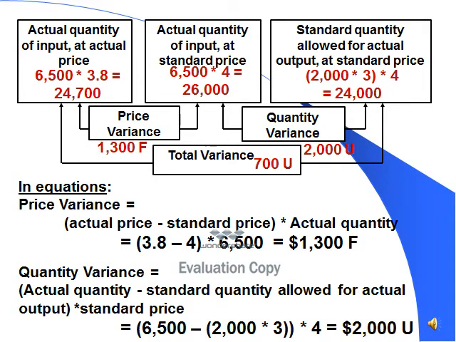Actual quantity 6,500 kilogram minus standard quantity allowed for actual output, 2,000 times standard quantity 3, which is 6,000. So 6,500 minus 6,000 times standard price 4 equals 2,000 unfavorable. Unfavorable because the actual quantity is greater than the standard quantity allowed for actual output.